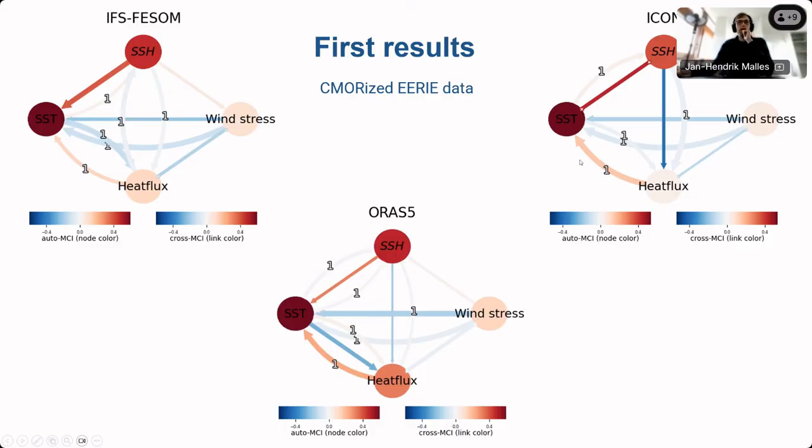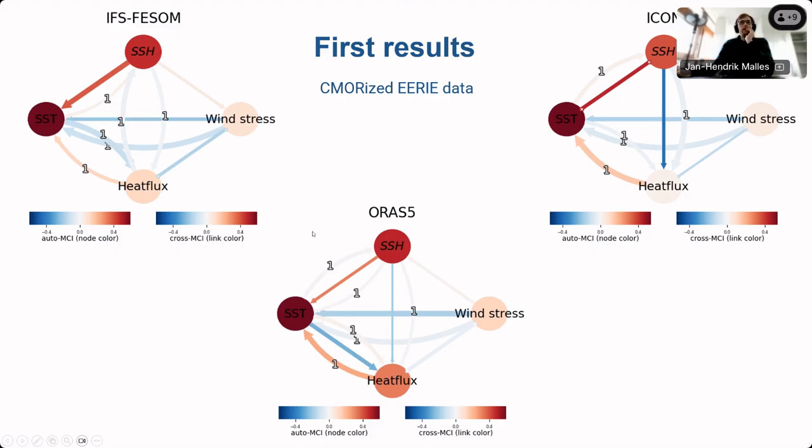And if we look at the models, we see that, for example, the SST and heat flux links look different, in the sense that at least this one here is missing, so this contemporaneous negative influence of the SST on the heat flux.